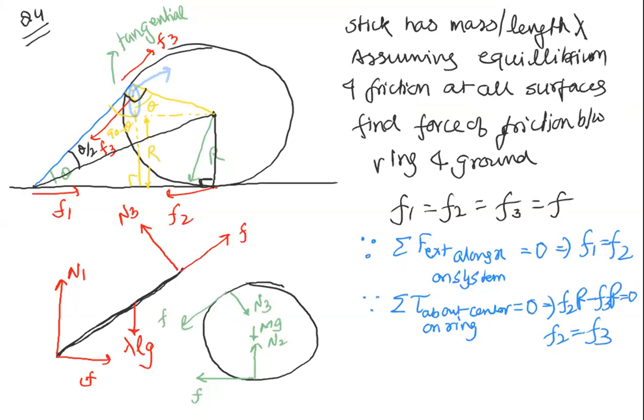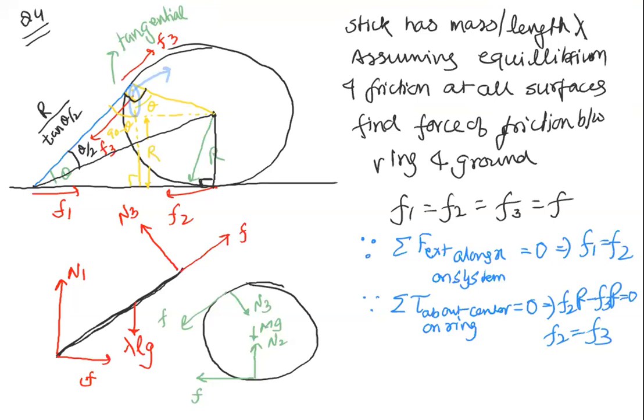ओके, ठीक है. So now you know the length of the rod. कितना आया length of the rod? r by tan theta by 2. So we know the mass of the rod now. We know mass, therefore we know mg. We need to find f.